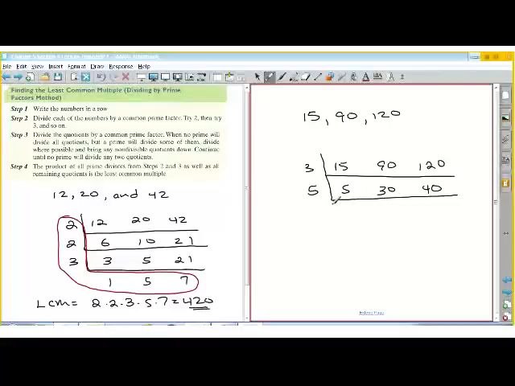So the next thing I do is I'm going to try 5. And you can divide each one by 5. So 5 divided by 5 is 1. 30 divided by 5 is 6. And 40 divided by 5 is 8.